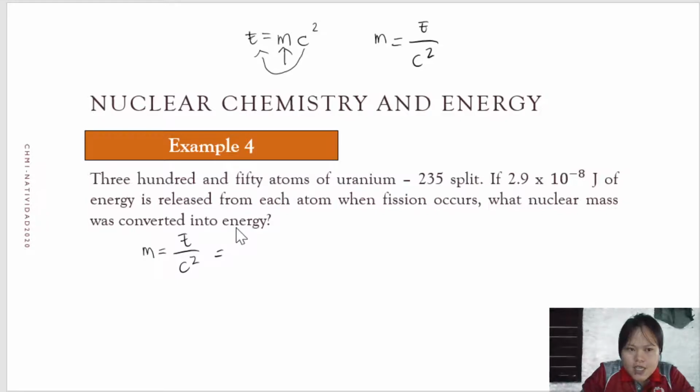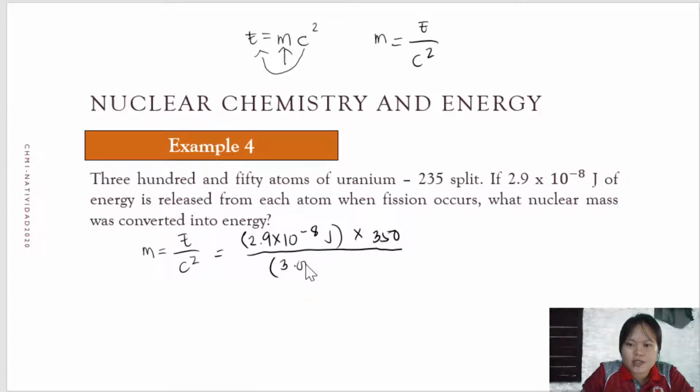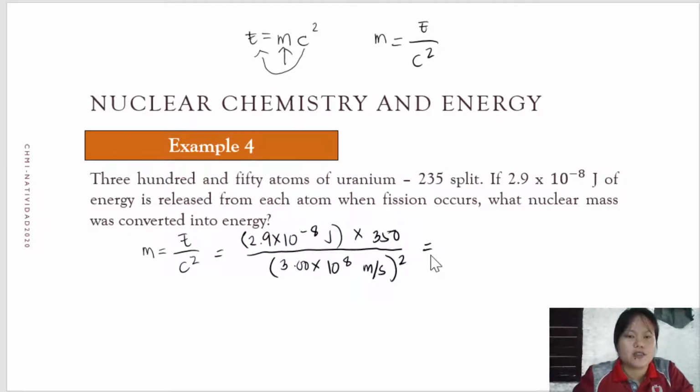The value of E is actually 2.9 times 10 raised to negative 8 joules, okay? Pero sabi niya, 350 atoms daw yan, okay? So, times 350 na atoms ng uranium ang ginamit nila over the constant 3.00 times 10 raised to 8 meter per second squared. I know that's a lot easier to remember, yung 3.00 na yan.